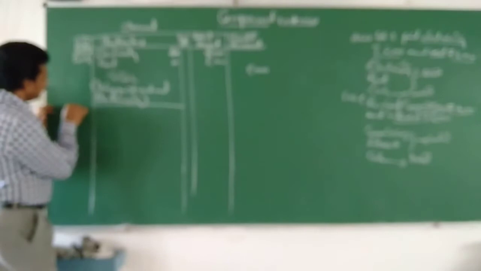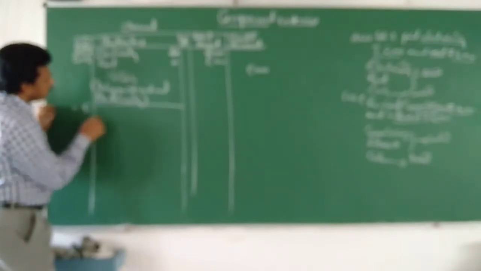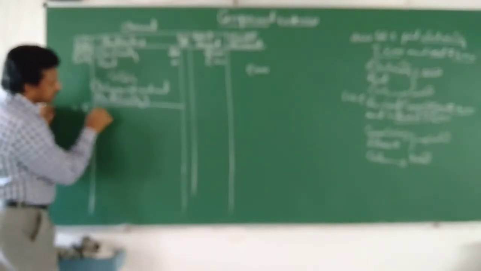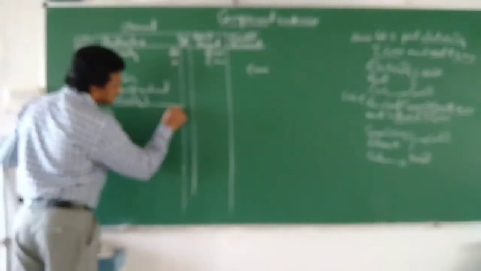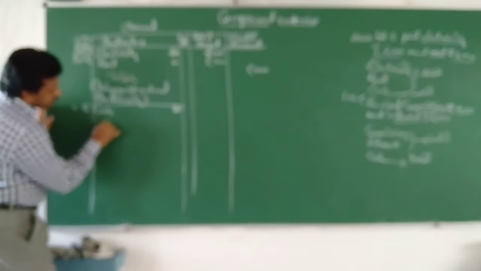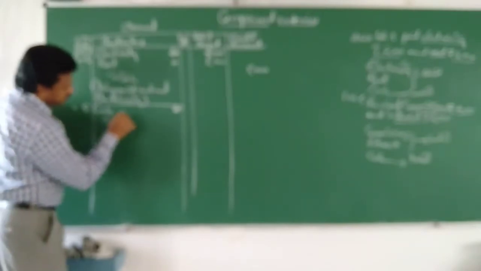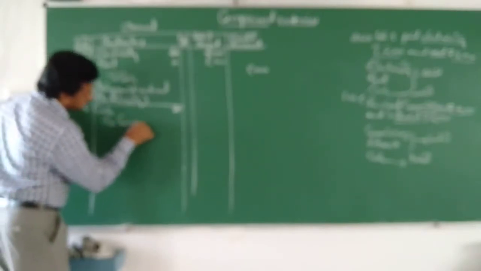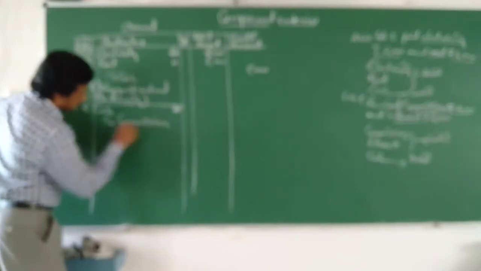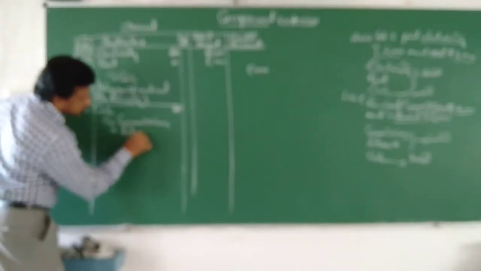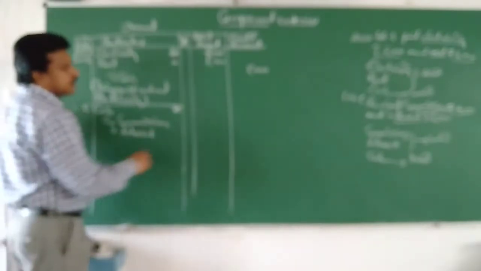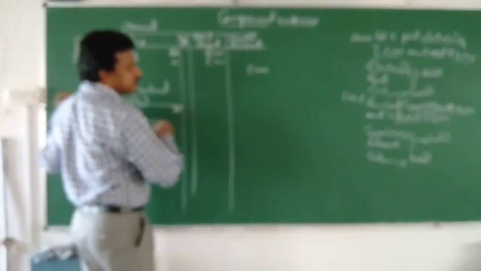February 5. Cash received, so cash is debit. Cash debtor, to commission, then to interest.